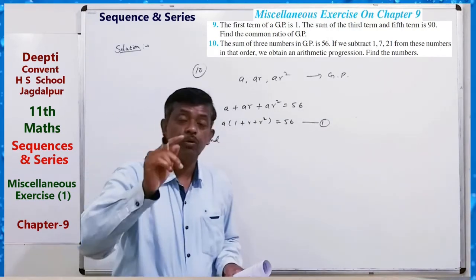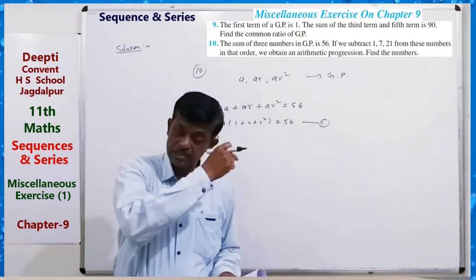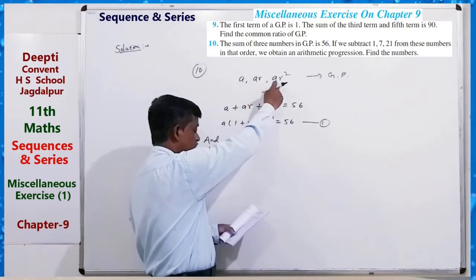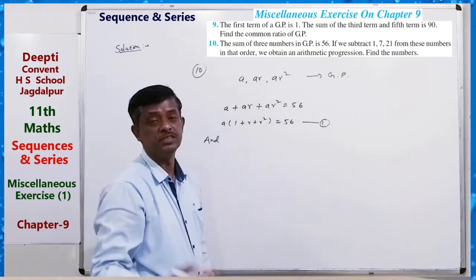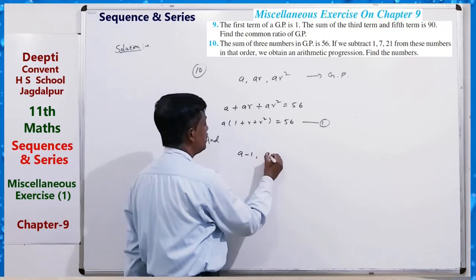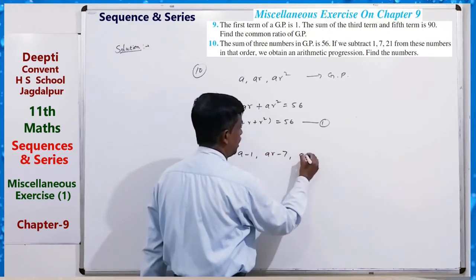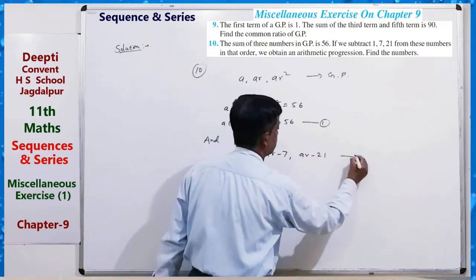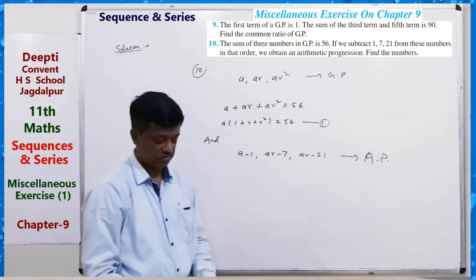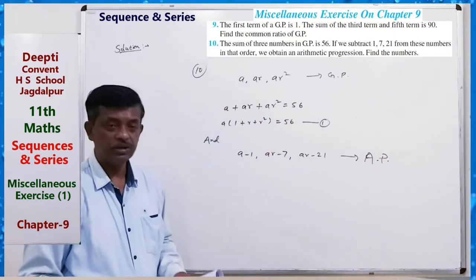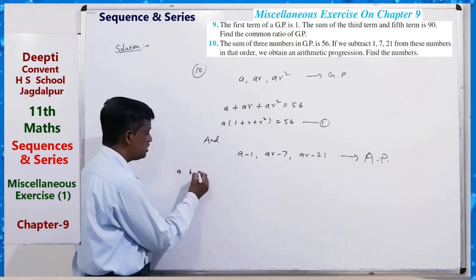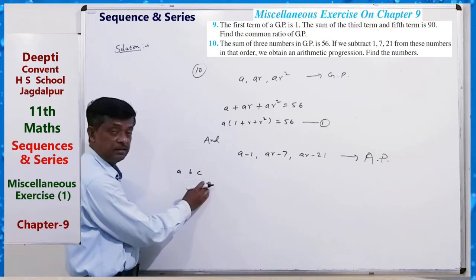Another condition: if we subtract 1, 7, 21 from these numbers in order, we get A minus 1, AR minus 7, AR square minus 21, which are in AP.